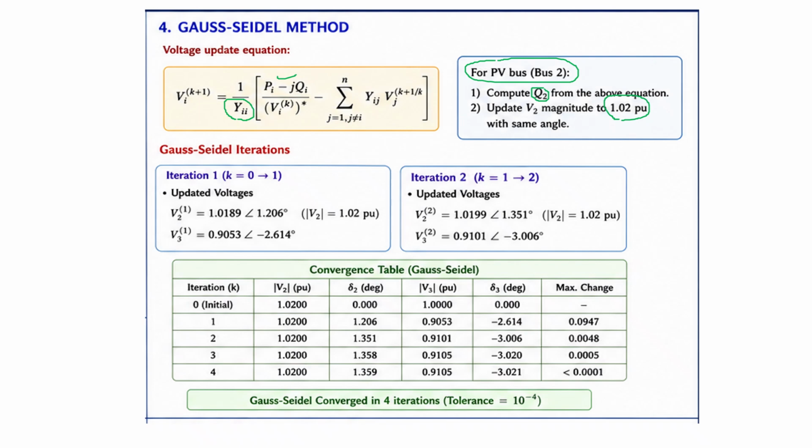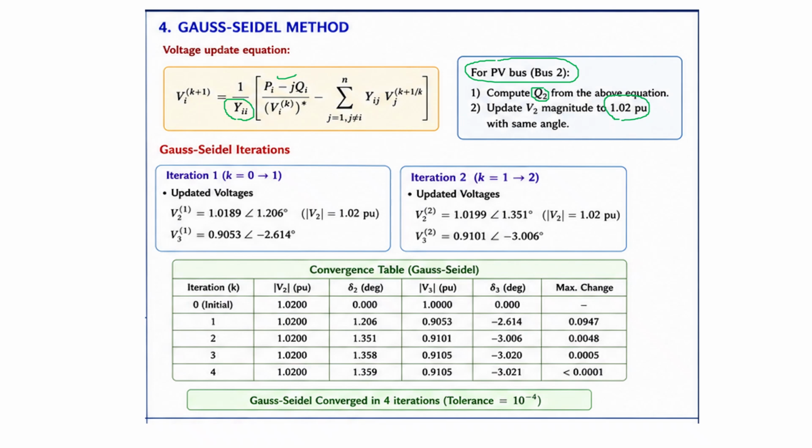But when you come to the third bus, again we have all parameters except we'll use a new updated value for the bus 2 voltage, whereas for bus 1, both voltage magnitude and voltage angle will be the same.